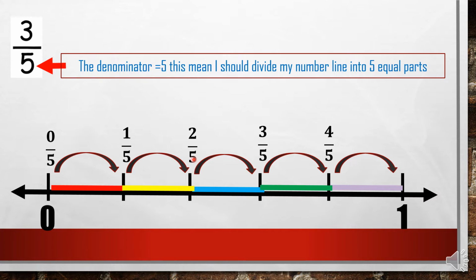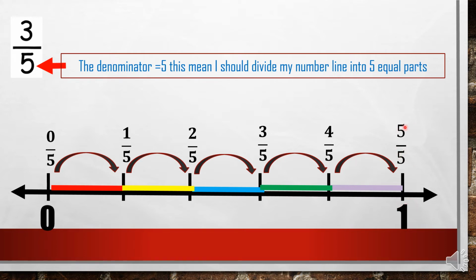What about the last point? The last point is 5 out of 5. This point equals 1 whole. Why? Because here I complete all the steps. So any fraction containing the same numerator and the same denominator equals 1 whole.